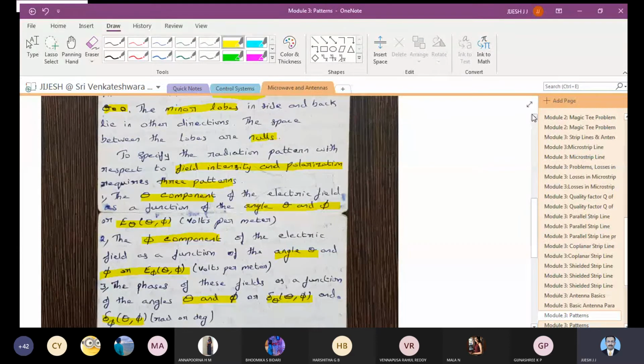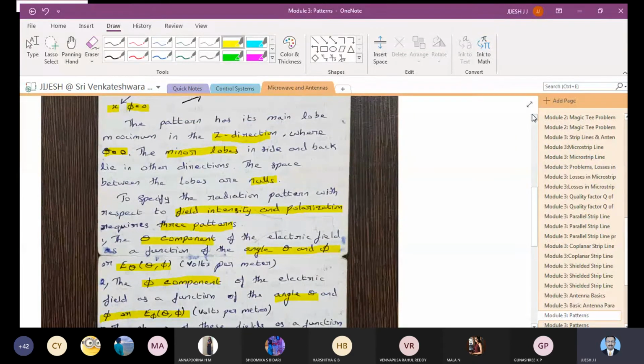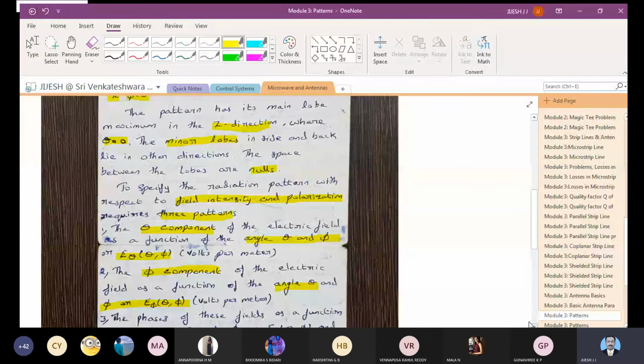It's all theory what you're going to see here. So you can just note down these things which we have already discussed with the help of the figure. You know that the main lobe lies in the z direction, the minor lobes are also present, and the back lobe is also available, which is exactly opposite to the main lobe. The space between the lobes is called as nulls, and to be specific, you have three patterns, that is theta component of the electric field as a function of angle theta and phi, that is E theta (theta, phi).